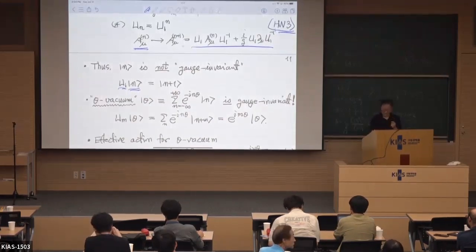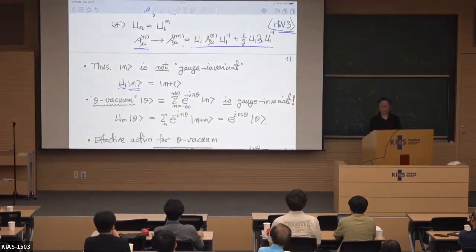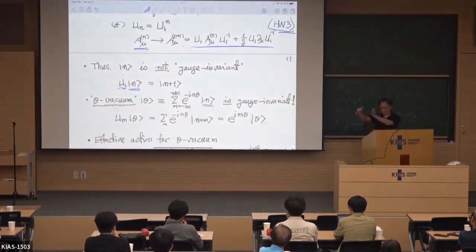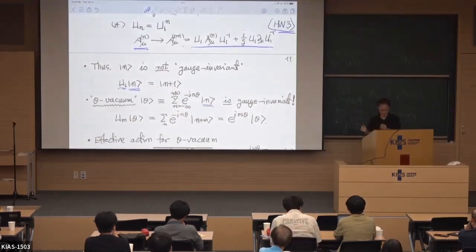So this kind of gauge transformation is called a large gauge transformation. But there is a clever way to make a gauge invariant vacuum, which is called a theta vacuum. You just take a linear combination of this n vector with such a specific phase.